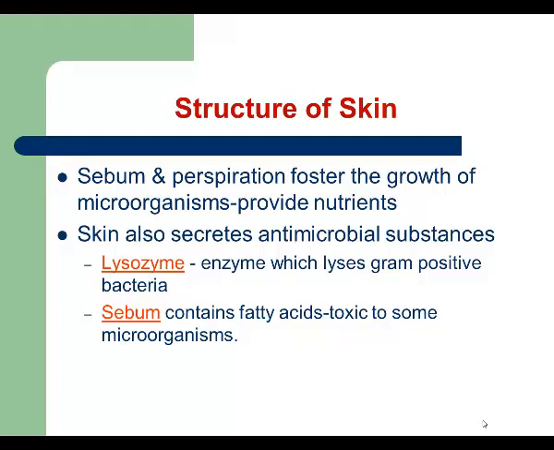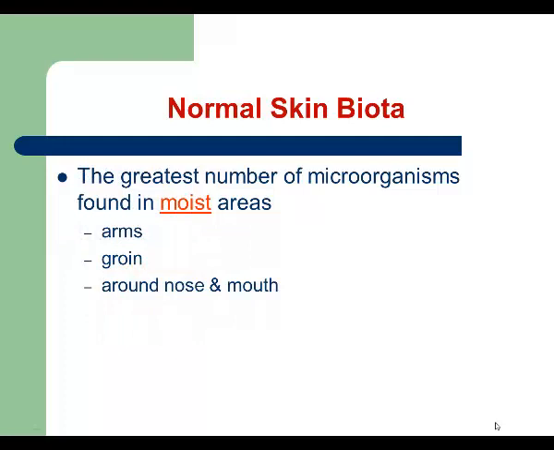Sebum and perspiration contain a lot of enzymes, we call them lysozymes, and those enzymes are toxic to a lot of pathogens. You probably remember from previous lecture that skin is a site of normal biota, and the greatest number of microorganisms are usually found in the moist areas, under arms, in the groin area, around the nose and mouth.